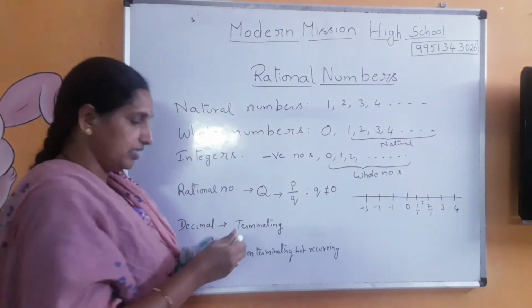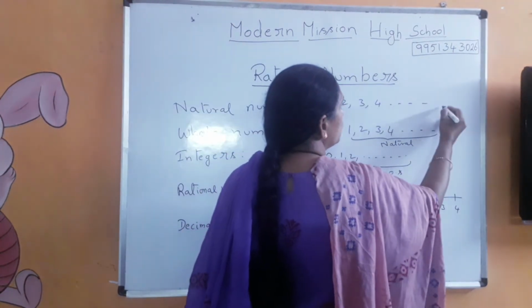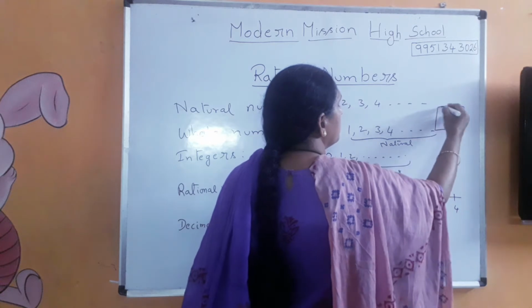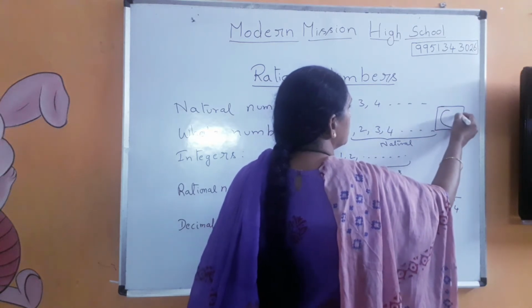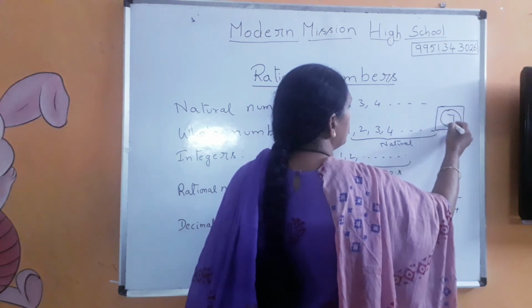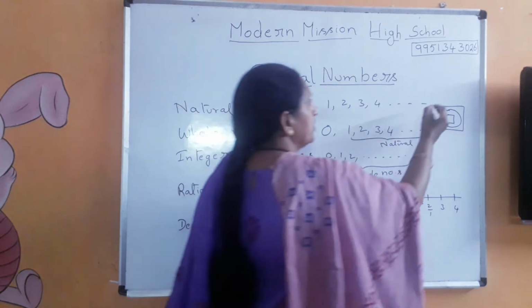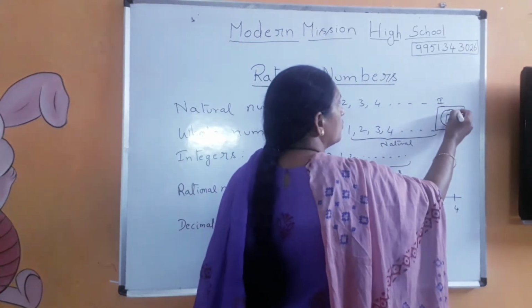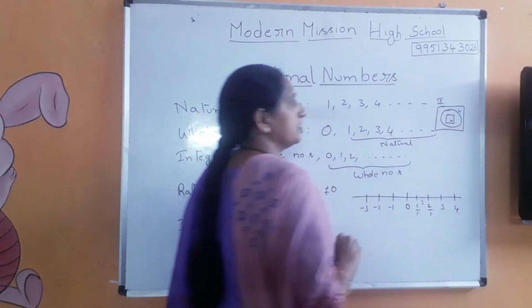So how you can write till now, you can say that suppose integers is a big group. Within this you have whole numbers and within this you have natural numbers.